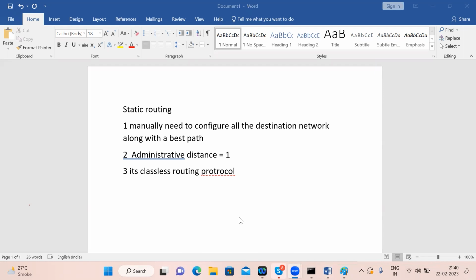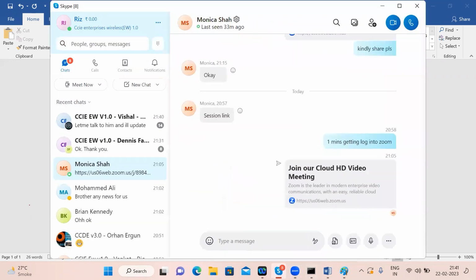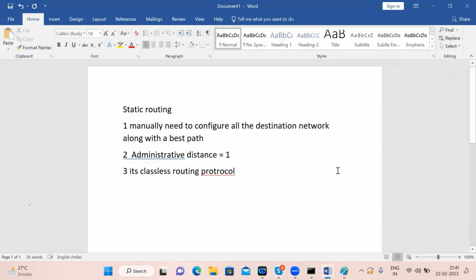Administrative distance values, yes. I'm talking about the administrative distance value. Nobody.